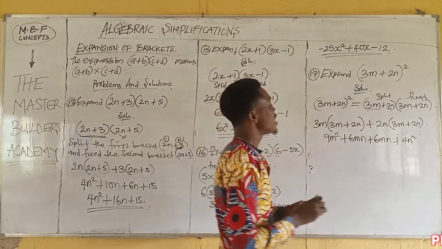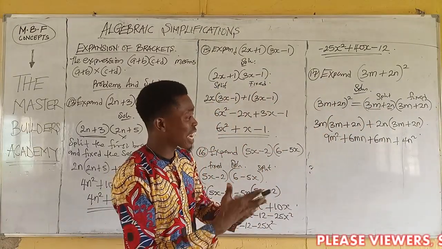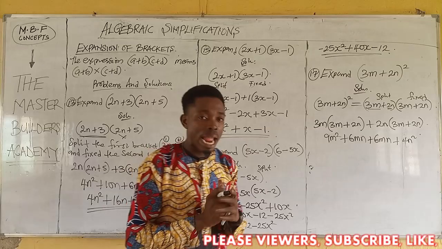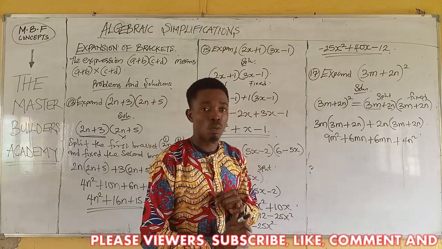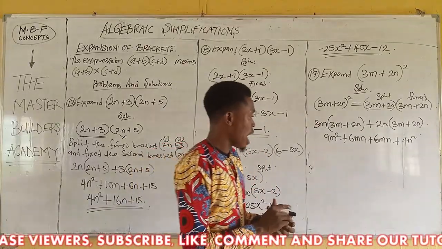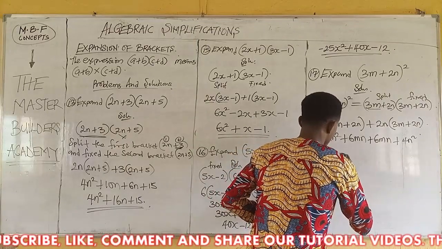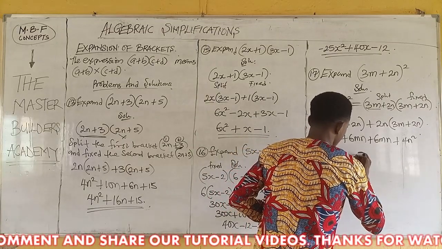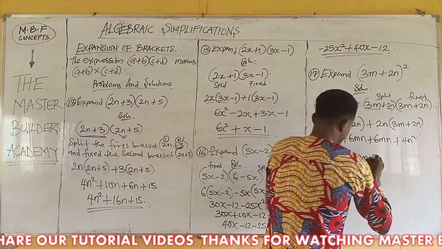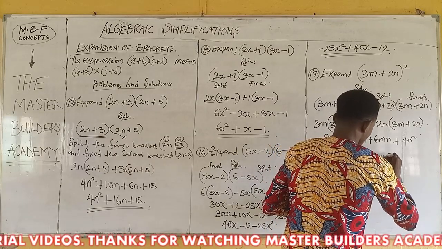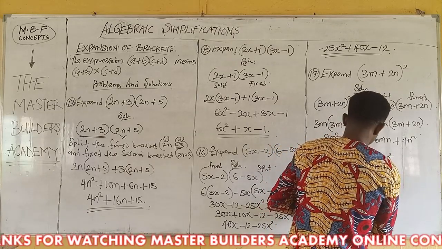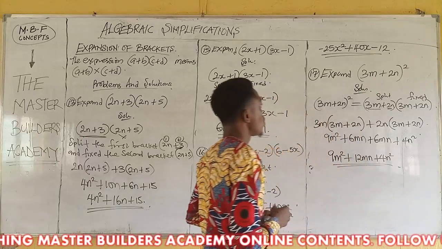So finally the two middle terms are alike, which means we can add them together, and 6mn plus 6mn would have given us 12mn. Then finally this would have given us 9m squared plus 12mn plus 4n squared. This is the answer to this question.